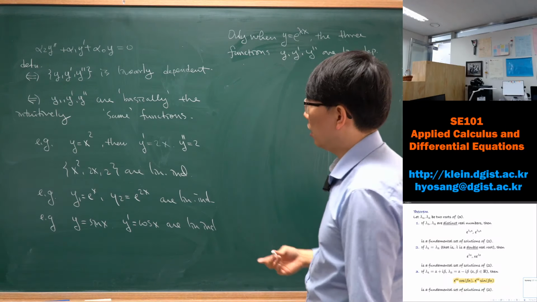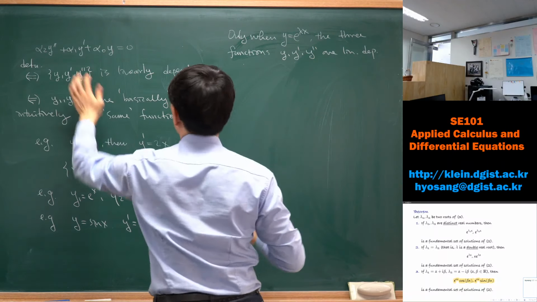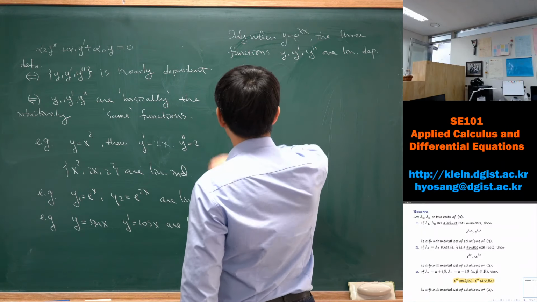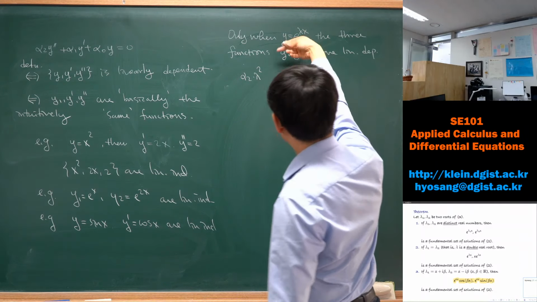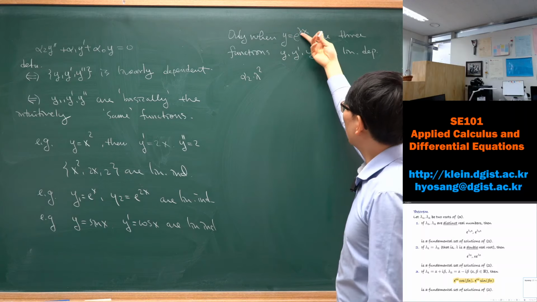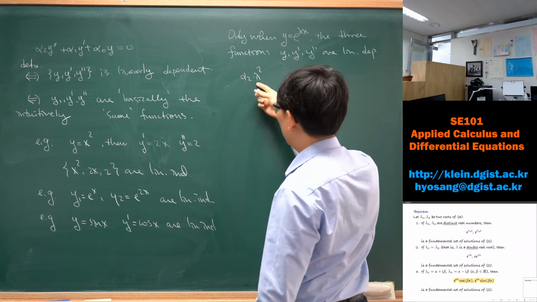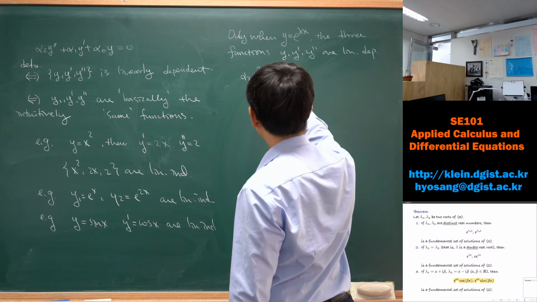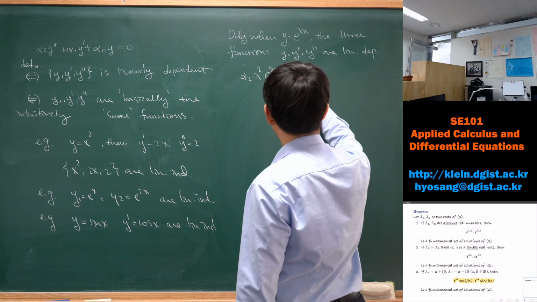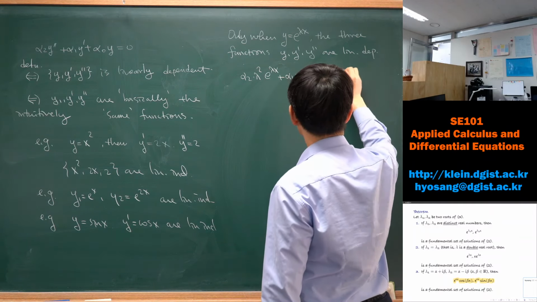So when I plug y equals e to the lambda x into the differential equation, I get alpha 2 lambda squared, because each time I take a derivative, I get lambda coming out of this exponential. So when I take a second derivative, I get lambda squared e to the lambda x, plus alpha 1 lambda e to the lambda x, plus alpha 0 e to the lambda x.